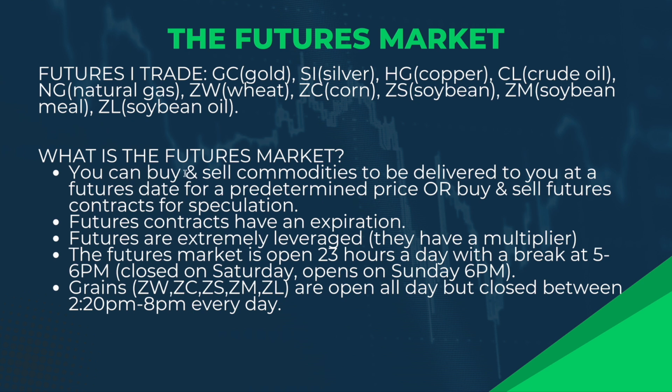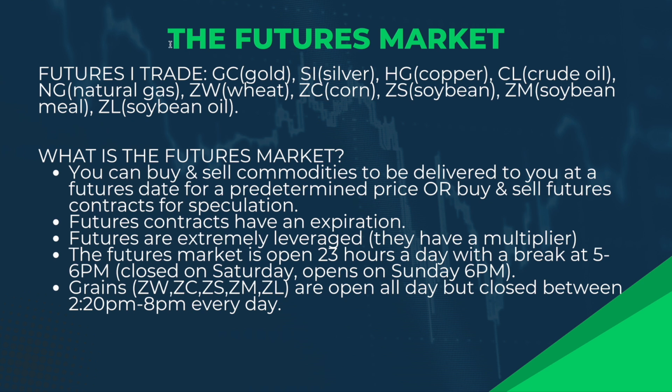Actual producers, farmers, and companies buy and sell futures contracts to get the physical products delivered to them, or they deliver the physical products. Some companies use it for hedging. But overall, this is basically what the futures market is.